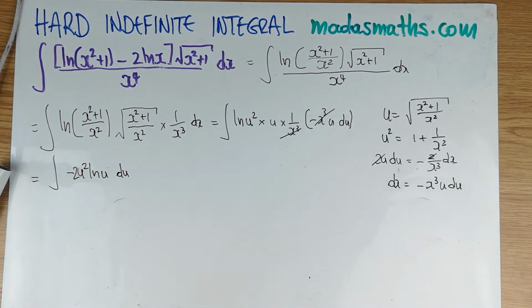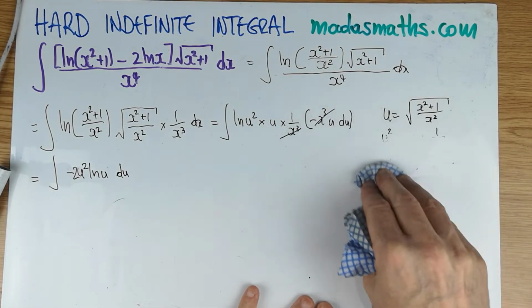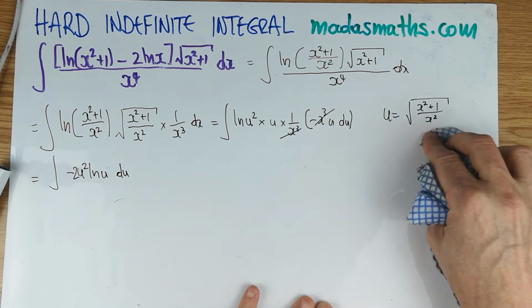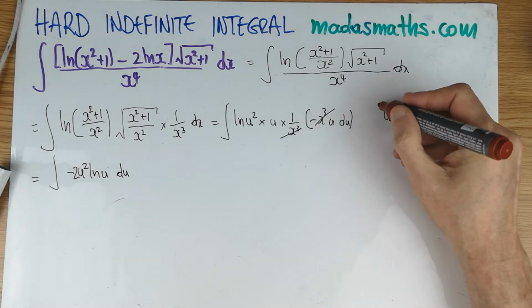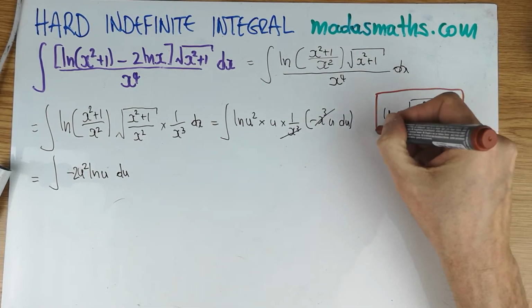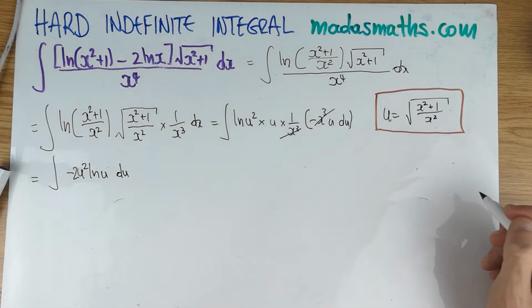I'm going to leave the substitution up here because I don't have limits, and therefore I need to go back into the substitution. In fact, I'll put it in some kind of border to remind me that's what u stands for. Okay, and this is just standard integration by parts.